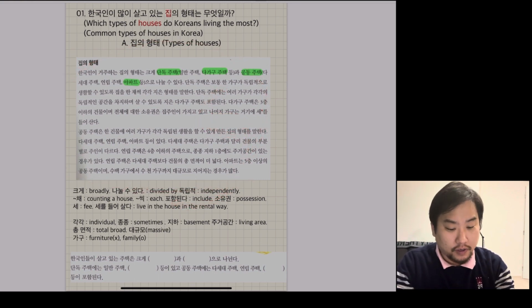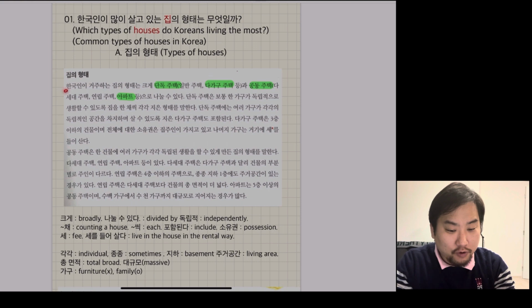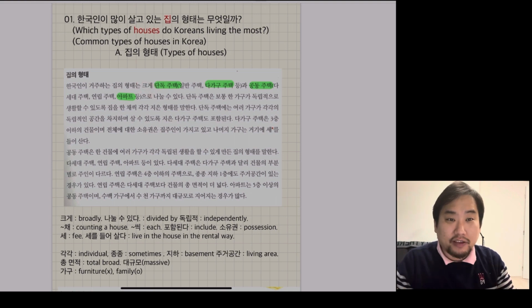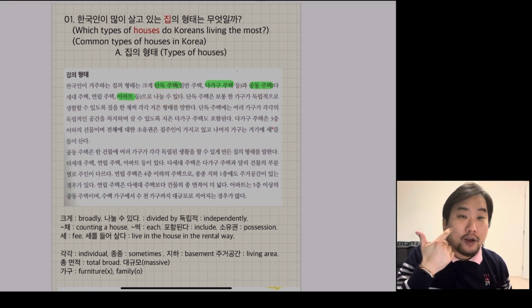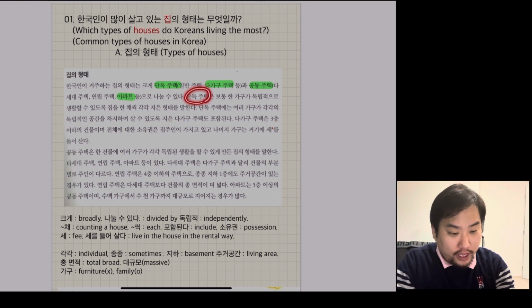So 집의 형태, 한국인이 거주하는 집의 형태는, so Koreans living houses, 크게, broadly, generally 단독주택과 공동주택 등으로 나눌 수 있다. So, 단독주택, 공동주택. 단독주택은 보통 한 가구.